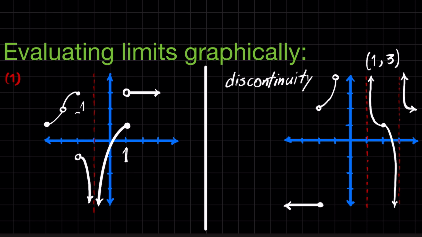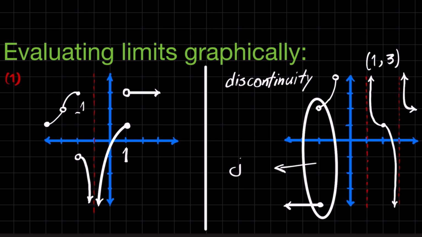So it's continuous. But if we reach a point where there's a big gap, we call this a discontinuity. And when there's a gap and the value changes at the same point, we say this is a jump discontinuity.